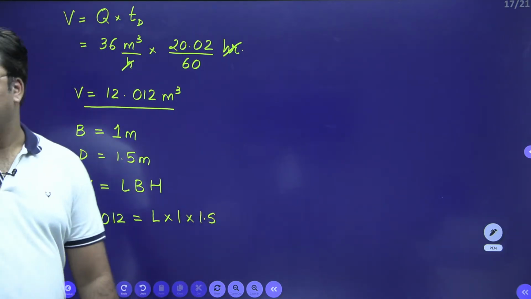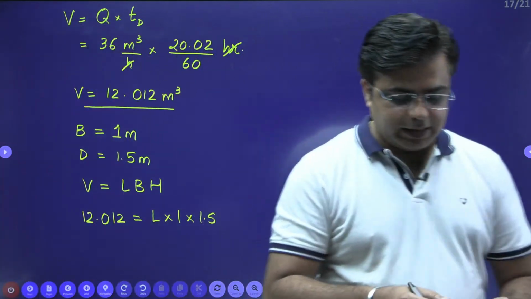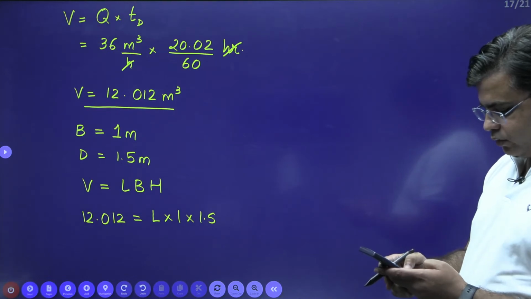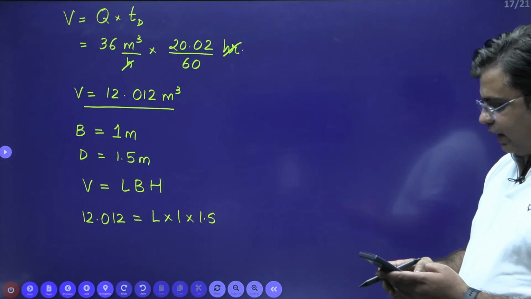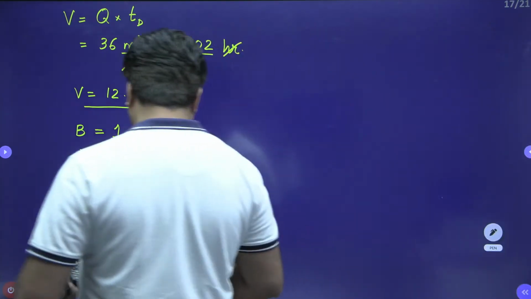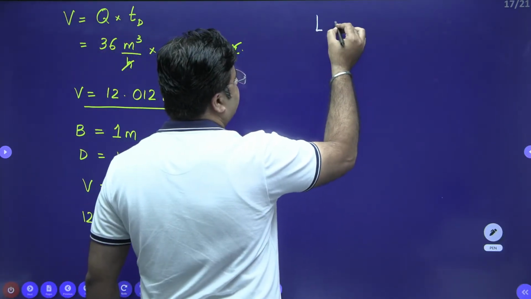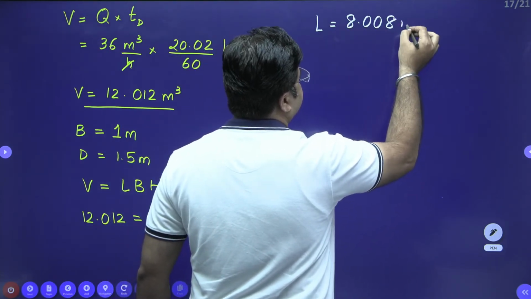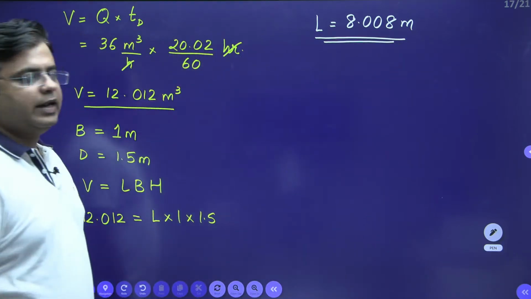From here you can calculate the length: 12.012 divided by 1.5 comes out to be 8.008. This length of the tank comes out to be 8.008 meters.